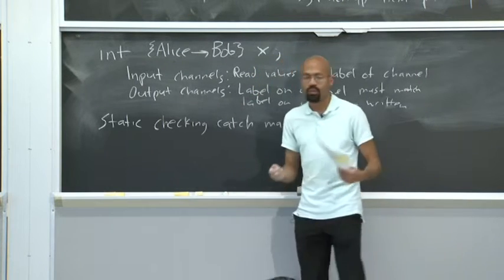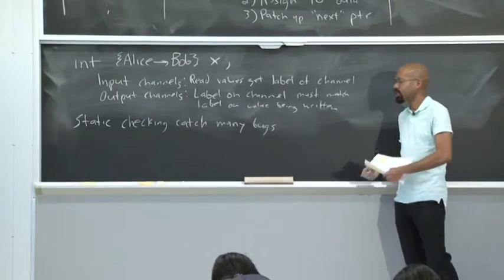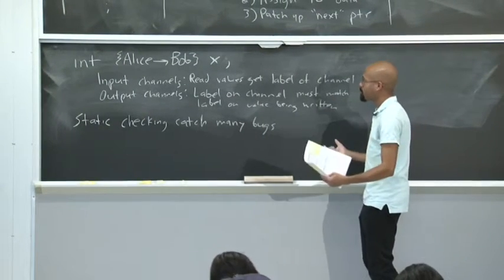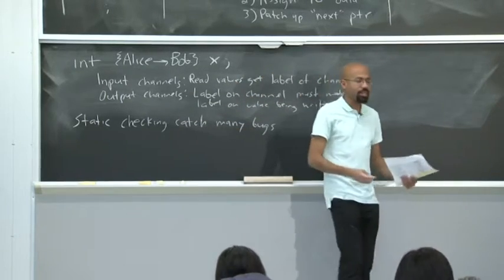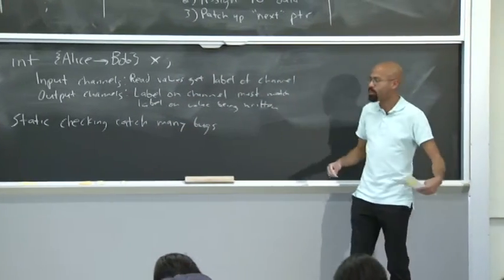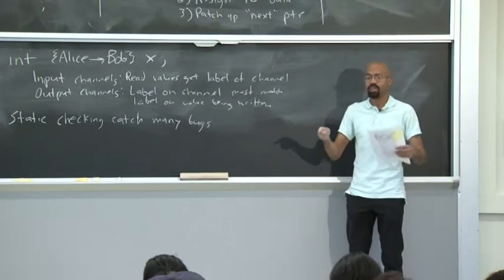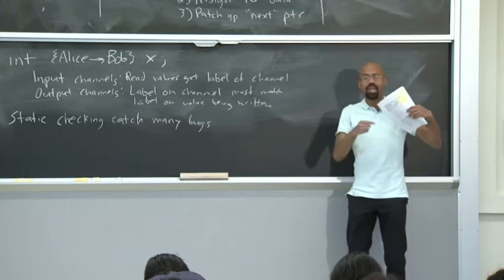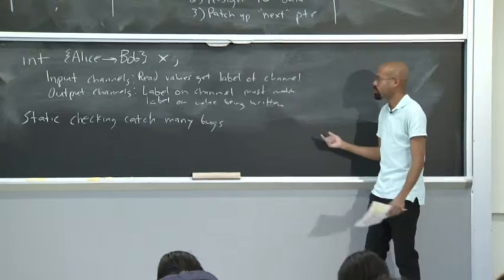Right? So if you're diligent about labeling all of your network channels and screen channels with the appropriate permissions, and you're very diligent about labeling your data like this, then at compile time, you compile your program, and the compiler can tell you things like, hey, if you were to run this program, then you would actually have an information leak that this particular piece of data will pass through this particular channel, which is untrusted.